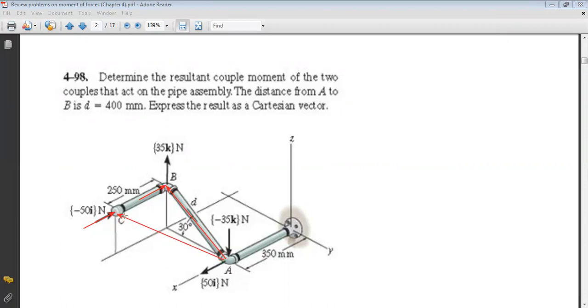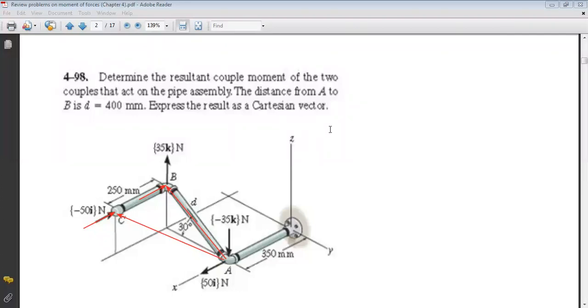The two will give you the same result, because if you remember, we said we can take any point on the line of action of the force, okay? And even a force can be displaced on its line of action without affecting its moment about any point in space, because when you displace it on its line of action, you will not change the perpendicular distance to any point.